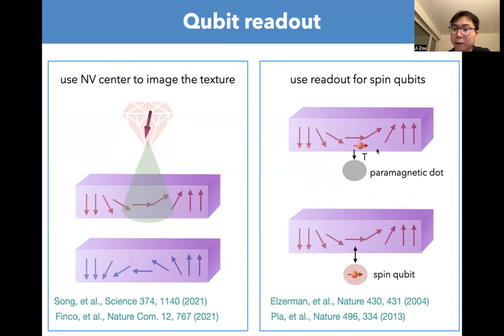Then electrons can tunnel to this dot, the dot would be polarized, and the polarization of this dot can be measured easily. Otherwise, we can also couple a spin qubit magnetically to this domain wall qubit, and by reading out this spin qubit, we can also get the information of the chirality of this domain wall qubit.